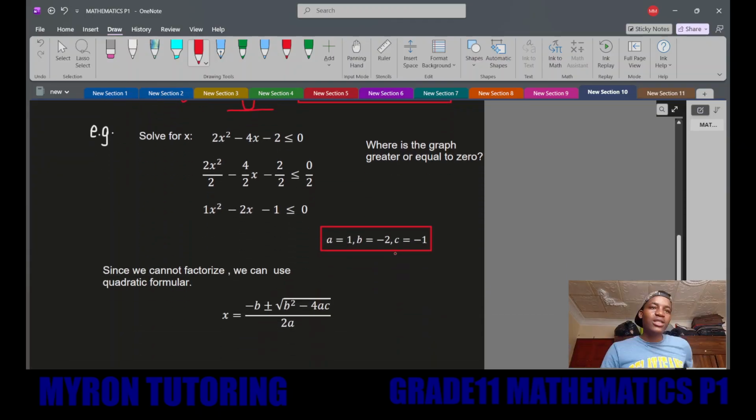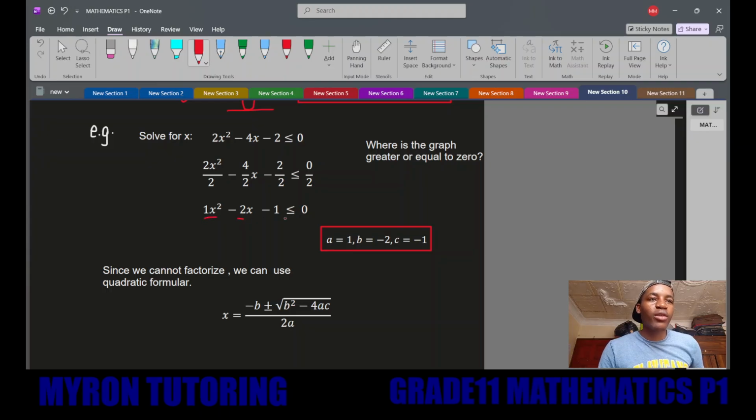Let's look at another question. This question is asking us, where is this polynomial less than or equals to 0? If we do what we normally do, we divide by 2 so that we have only 1x squared.